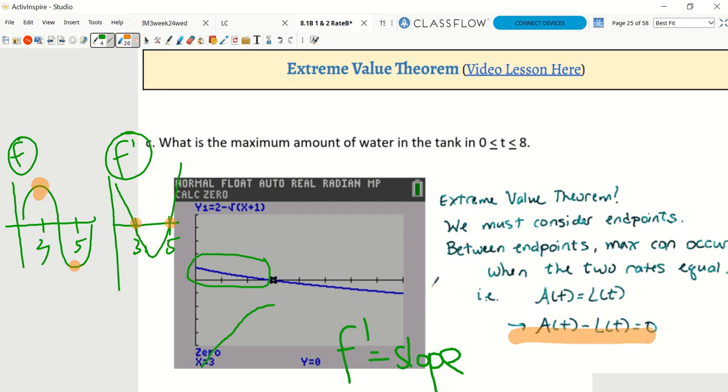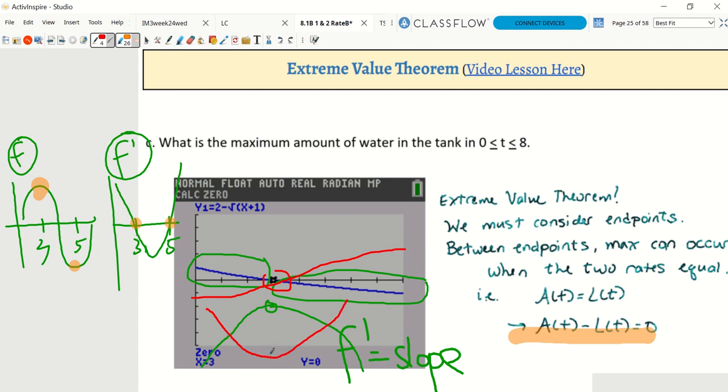Do you agree in this zone F prime, aka slope, is negative? Meaning slopes are negative for F regular. So this looks like a local min or max? Max. Now, by the way, folks, if your graph looked like this, these are slopes going from negative to positive, so F regular would look like that. You see what I'm doing?